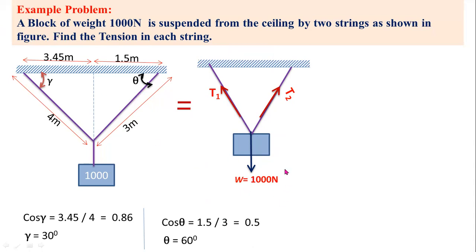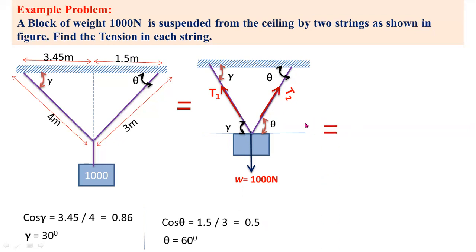So here the action is W, and T1, T2 are the opposite reactions. So you have to consider the opposite direction. This one is gamma, this one is theta. Now here the angle is gamma and here the angle is theta. Opposite angles are equal.